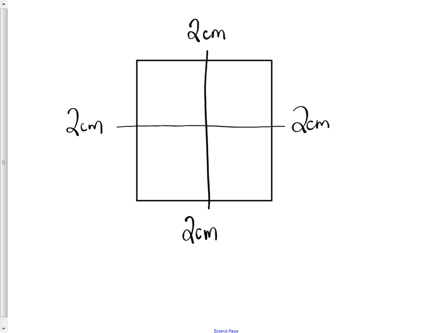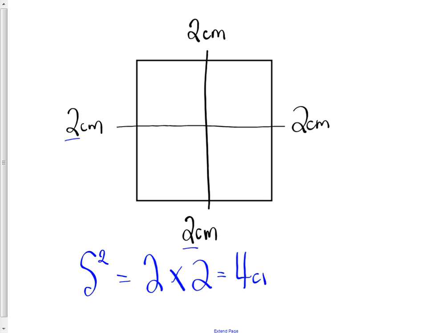They don't have to. But in this example, we have 4 equal sides, which makes this a perfect square. So, our formula, once again, is S, side length squared, which in this particular example is 2 times 2, which equals 4. And again, don't forget, we need to include our unit of measurement and that little squared symbol.